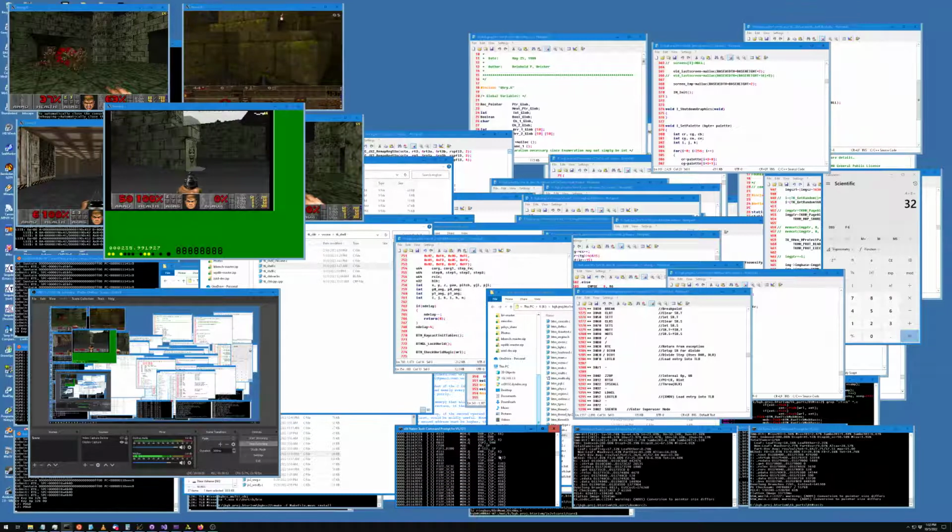So yeah, that's now a thing as well. But I don't think it's enabled for Doom right now, and it doesn't really help with Doom.